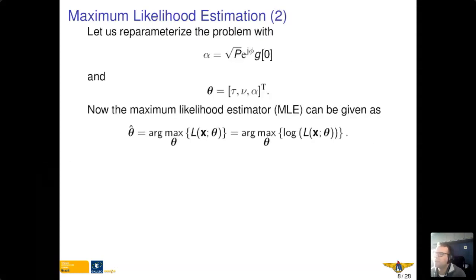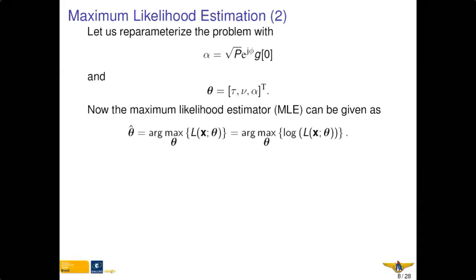We will try to now reparameterize this problem a little bit. So we will pack the phase, the power, and the symbol into the variable alpha, and we will define a parameter vector tau, nu, alpha now.